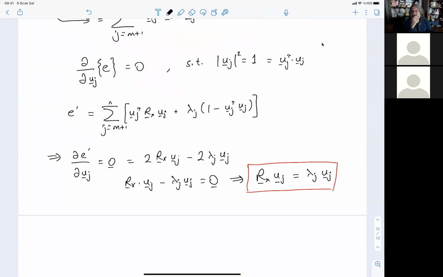So what is uj from this equation? It looks interesting because both sides of the equation have uj's. So am I gonna cancel uj's from both sides of the equation and say Rx equals lambda j? Well, that's all absurd, of course, because one of them is a matrix, the other one is a scalar.